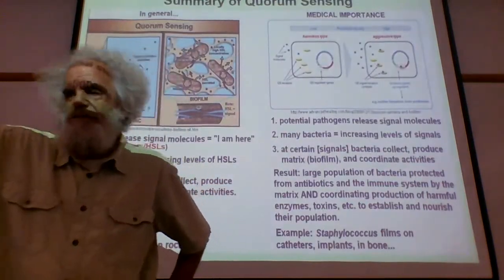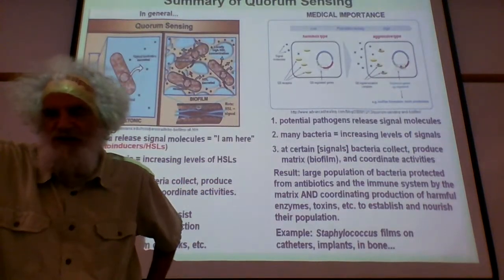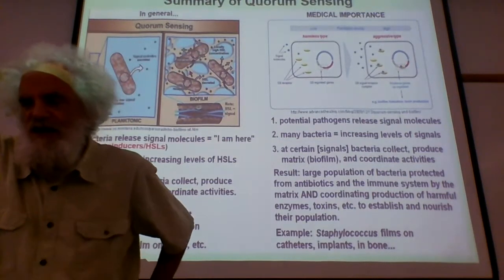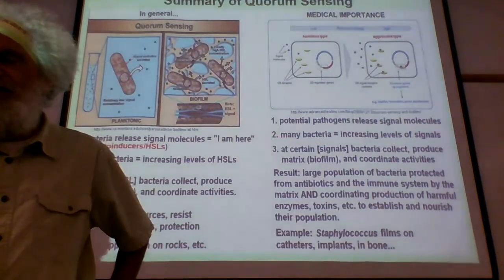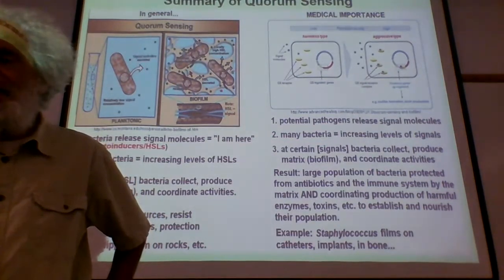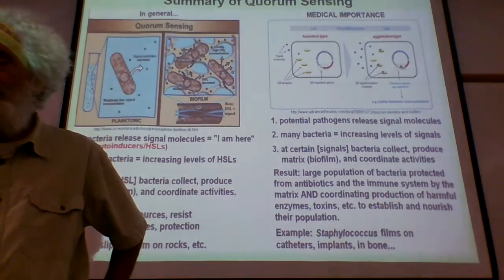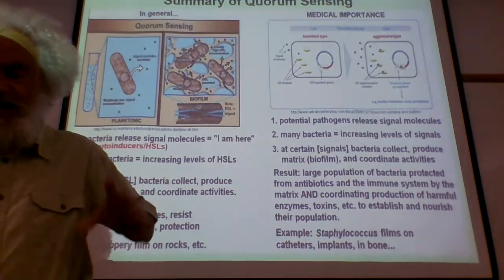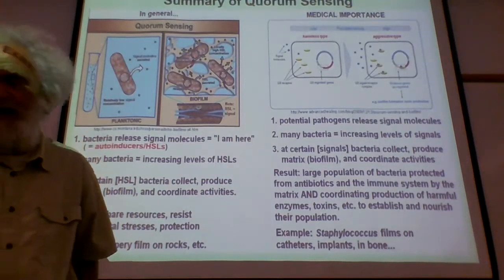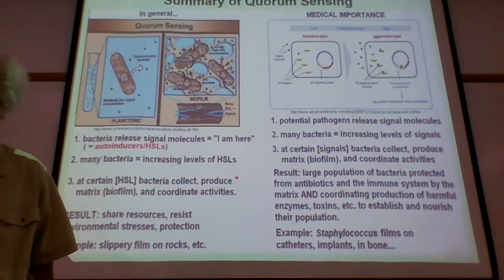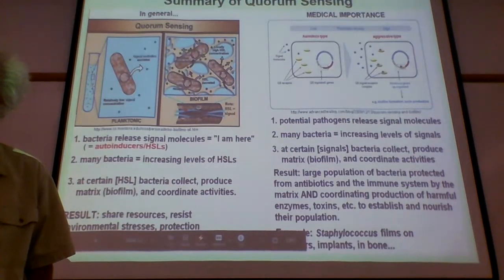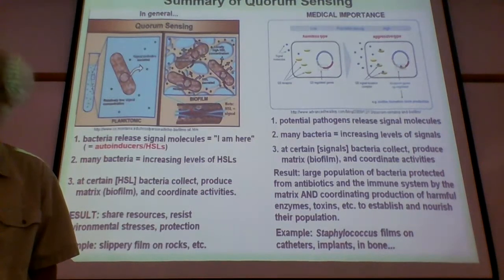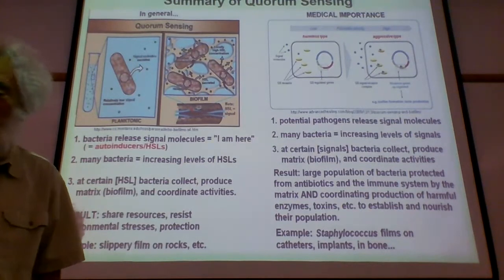So here's a summary of our discussion of quorum sensing: we've got individual bacteria here in low concentration, and they're sending out signaling molecules, and we then begin to get bacteria moving together. They can modify their metabolism, and it's essentially a way of saying, I am here, and then you get more bacteria forming, and this results in a sheet that can share resources and actually serve as a community protection.